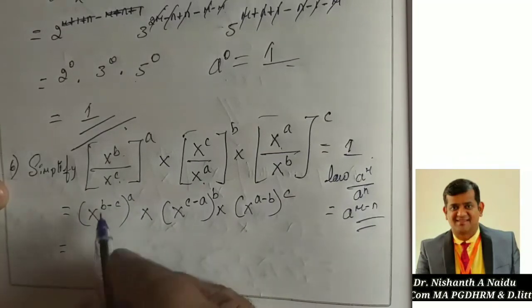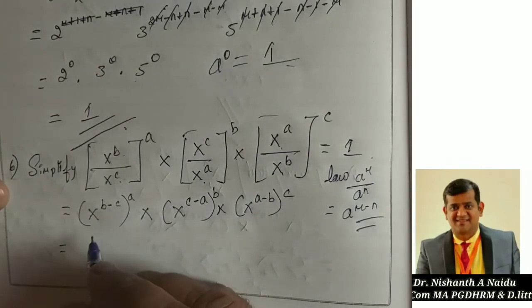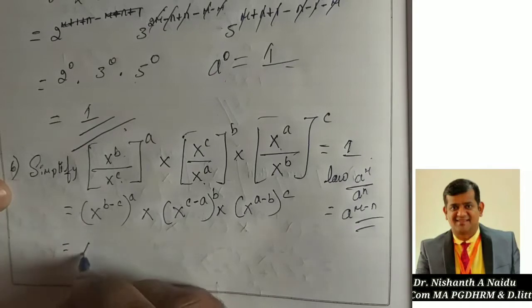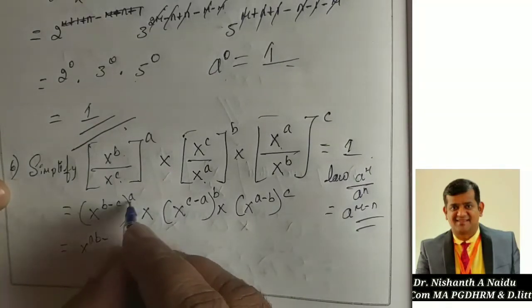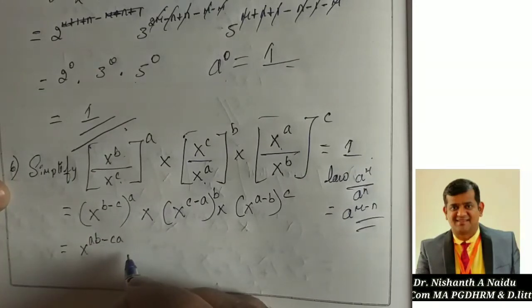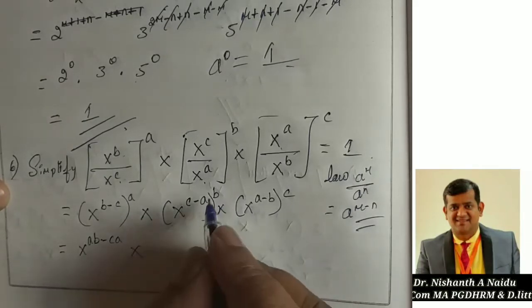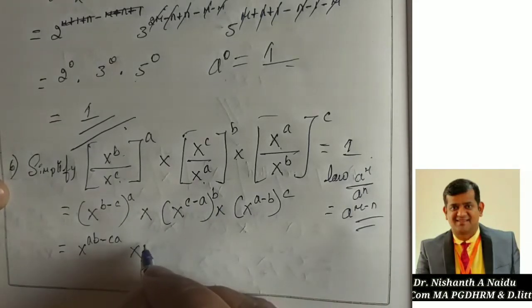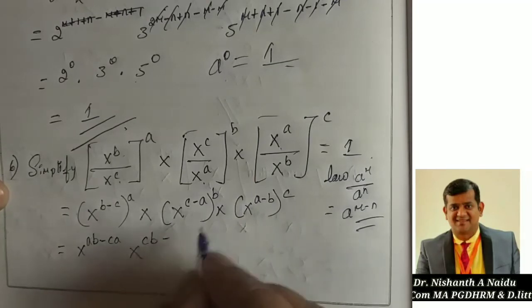So that becomes x to the power ab minus ca. In the same way, x to the power cb minus ab.